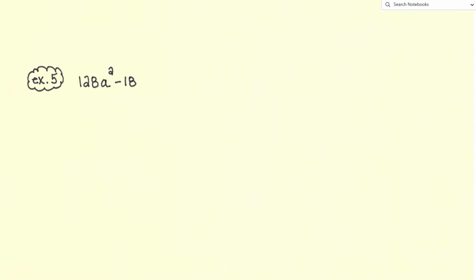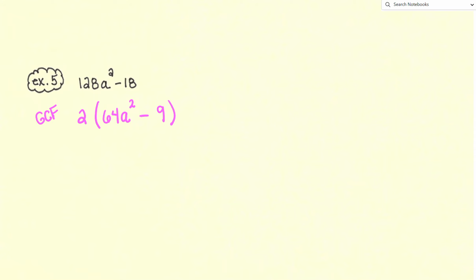Look at example 5. As I look at this, it doesn't appear that it's perfect squares. However, I see that I can take out a greatest common factor. They both have a 2. So let's take a 2 out of each of those terms. 128 divided by 2 is 64, and then a squared, we didn't touch that, so we'll bring that down, minus 2 divides into 18 9 times.